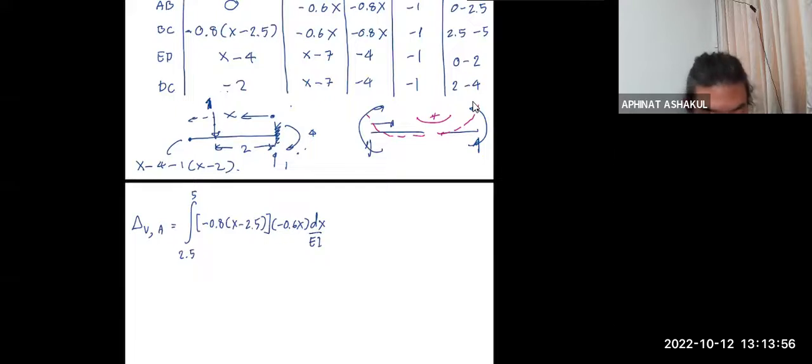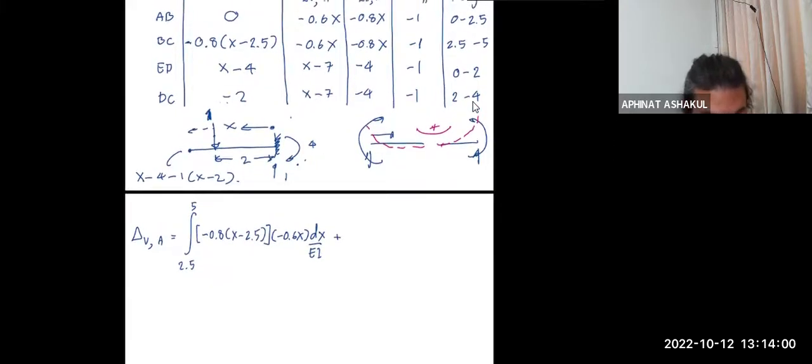Plus the next integral is ED, so it's the integral from 0 to 2, and it is x minus 4 multiplied by x minus 7 dx over 2EI.